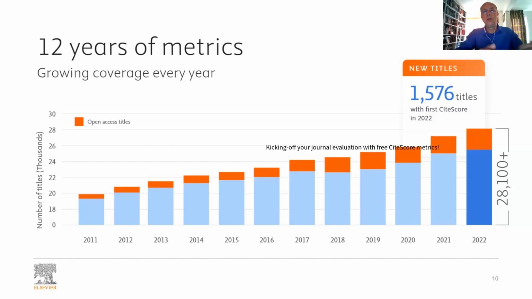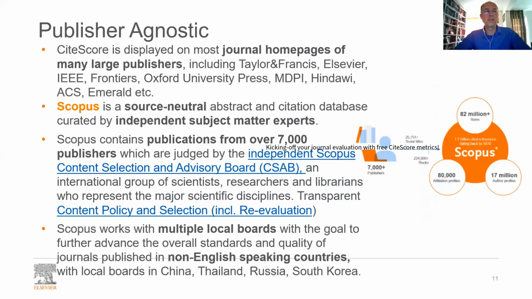So it's really, in this case, showing you what we cover with CiteScore metrics. And again, that's currently over 28,000 titles. And there's also a relatively large chunk of open access publications in there.